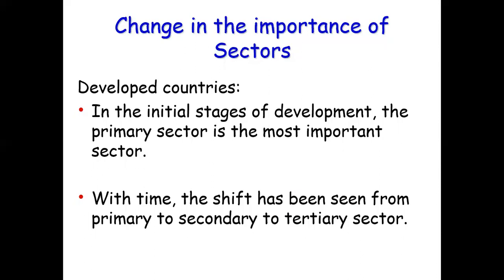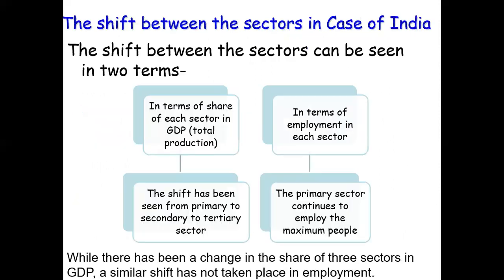This trend changed. Gradually, in the last 100 years, there has been a shift from the secondary to the tertiary sector in the developed states. The service or tertiary sector has now become the most important. This pattern is observed in most of the countries now.